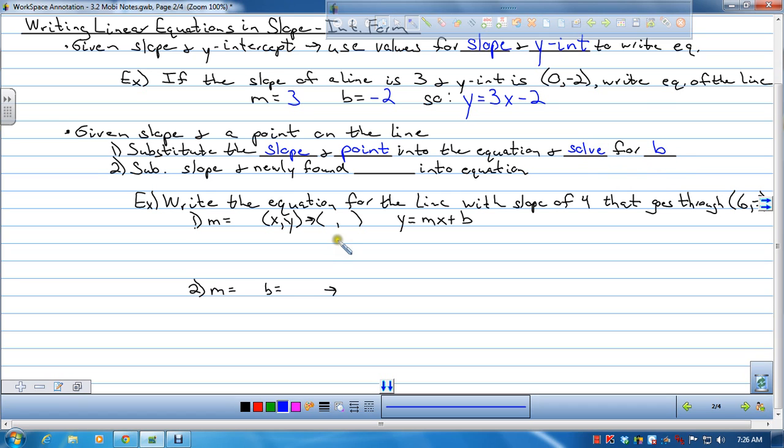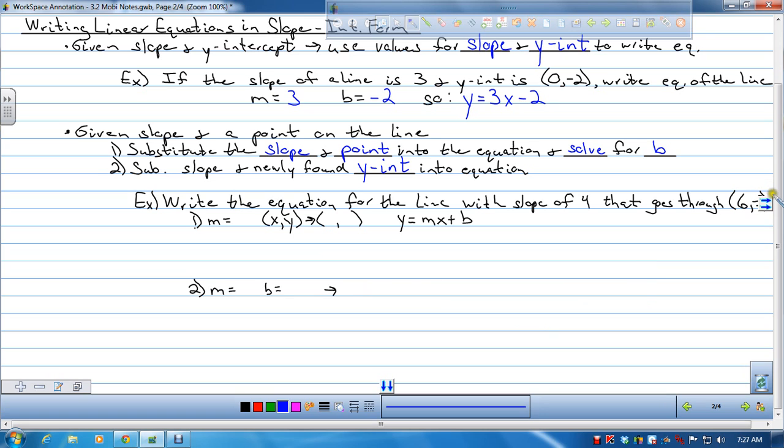This is a very easy step because you've got one unknown. Everything else is just numbers you're plugging in and solving algebraically. After we then find b, then we will have the slope and the y-intercept. We'll substitute that slope and our newly found y-intercept into the equation, and we will be done.